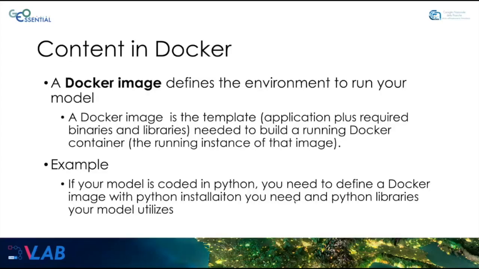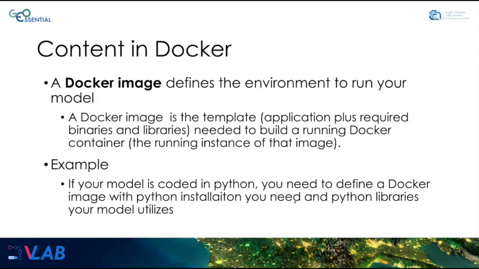The content in Docker. Well, in Docker, we have Docker images, which are essentially a definition of the environment to run an application. In our use case, it is your model.